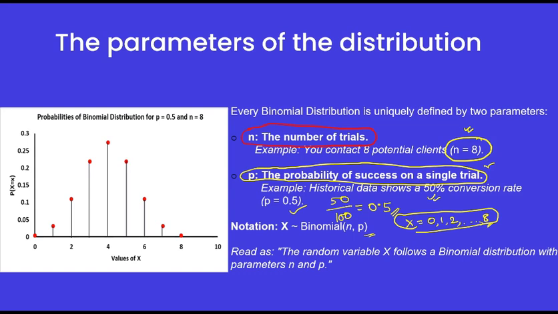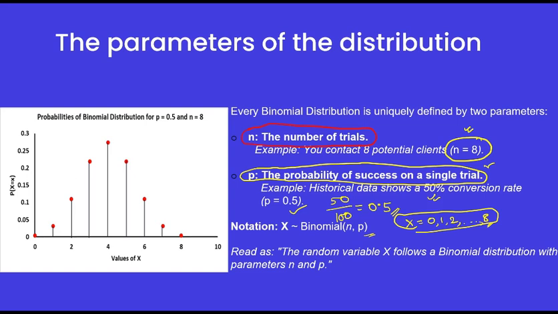You have a maximum of 8 possibilities. If you shoot at the target 8 times, you can have a maximum of 8 hits. You cannot have more than 8 shots on target because you are shooting 8 bullets. How can you have the ninth bullet hitting the target when you technically have only 8 bullets? That is the thing which I mean to say. So X will go from 0 to 8.